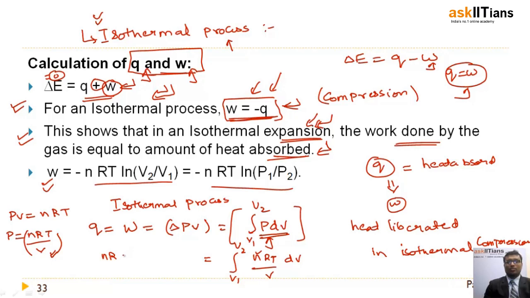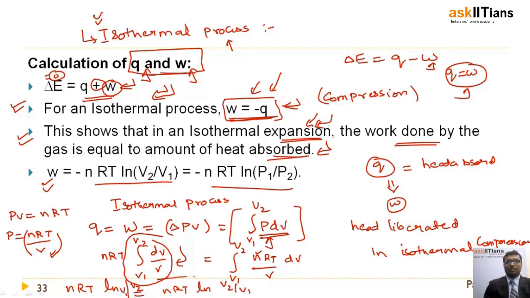So nR into T into integral of V1 to V2 dV by V. And this integral of dV by V gives me ln V, and the integrals are from V1 to V2, that means nRT ln V2 by V1 gives me the work done.